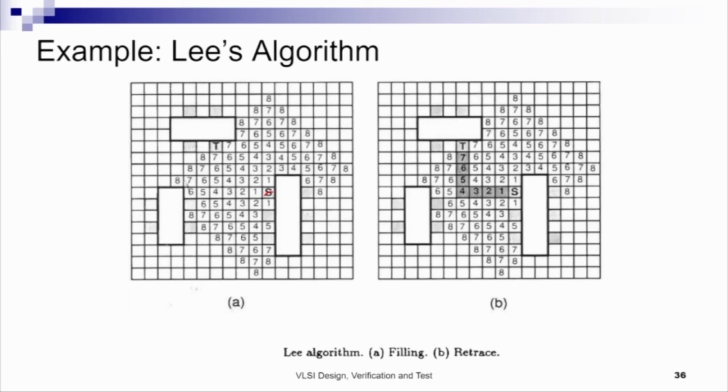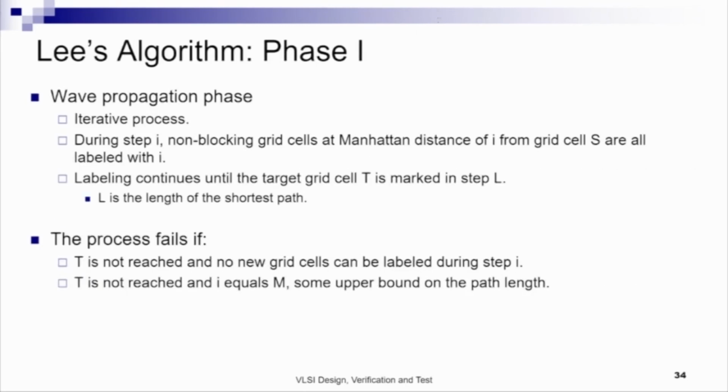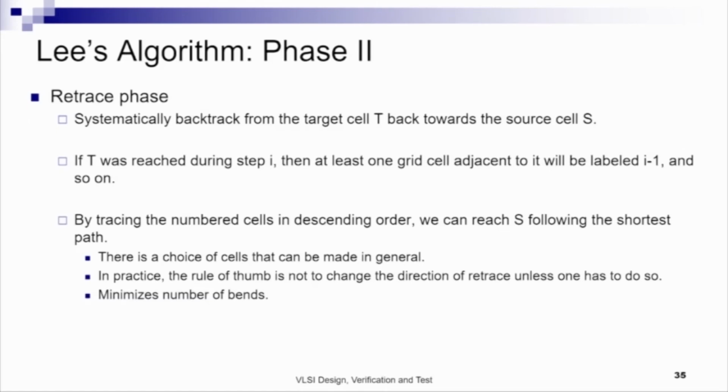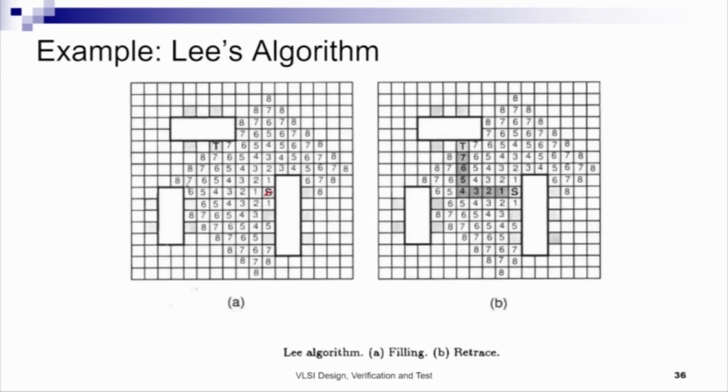In step I, non-blocking grid cells at Manhattan distance I from the grid cell S are all labeled with I. So in step 1, this cell is at Manhattan distance 1 from S, this one is also at Manhattan distance 1 from S, and hence these are labeled with 1. These cells are at Manhattan distance 2 from S.